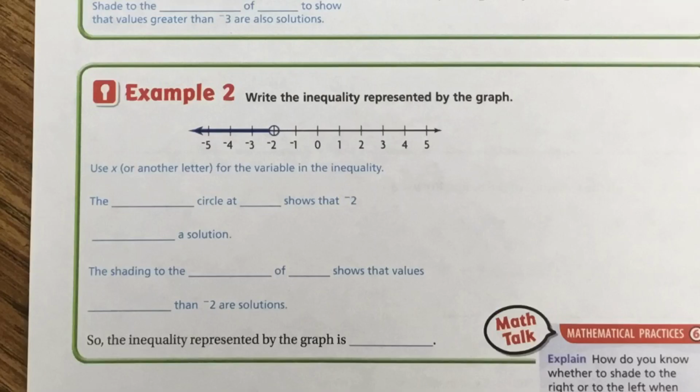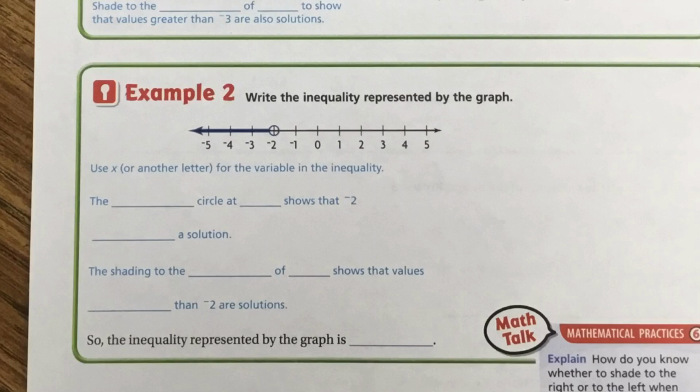Now we're going to do the opposite. I'm going to look at this graph and decide what it is telling me. It's an open circle, so what does an open circle mean? Not included. The arrow goes to the left, so what does that mean? Less than. Okay?